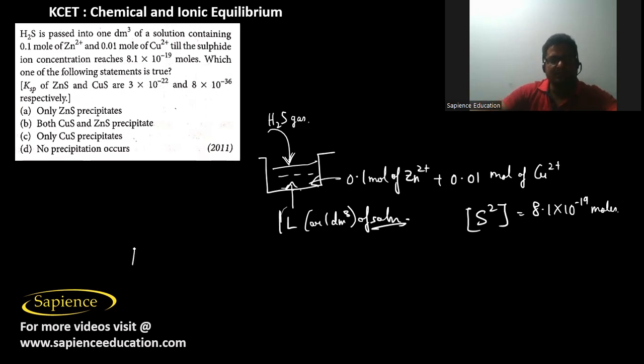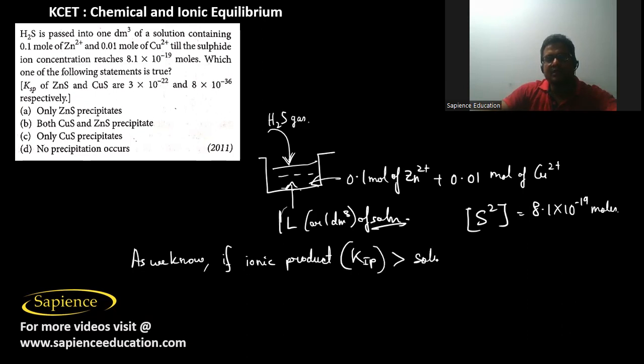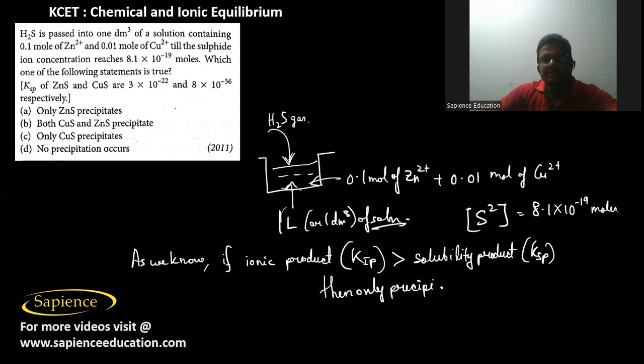So here, as we know, if the ionic product of the sparingly soluble salt, that is KIP, is more than the solubility product, which is KSP, for the sparingly soluble salt like ZnS and CuS, then only precipitation will take place, else precipitation will not occur.